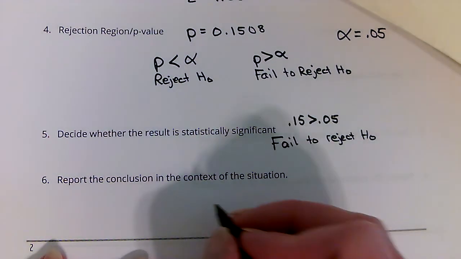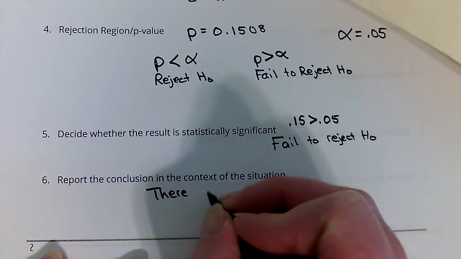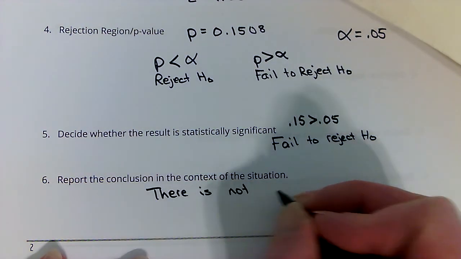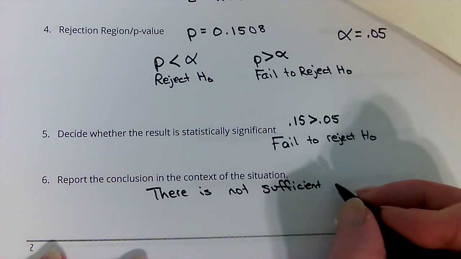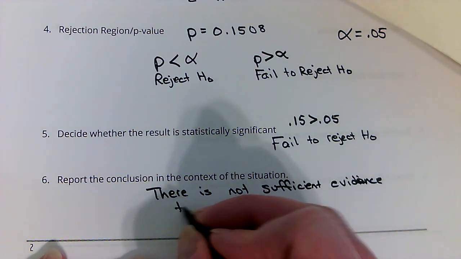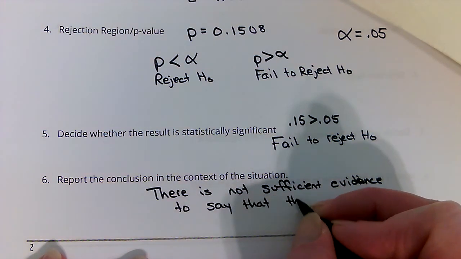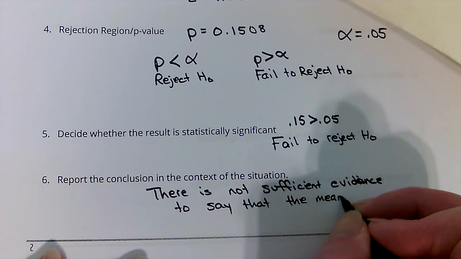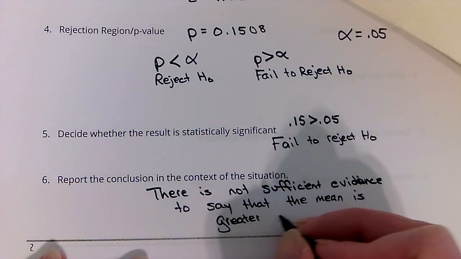So the way we would report this is that there is not sufficient evidence to say that the mean is greater than 50.